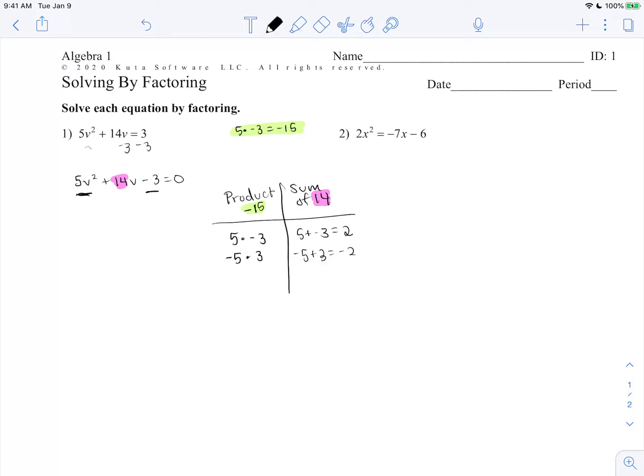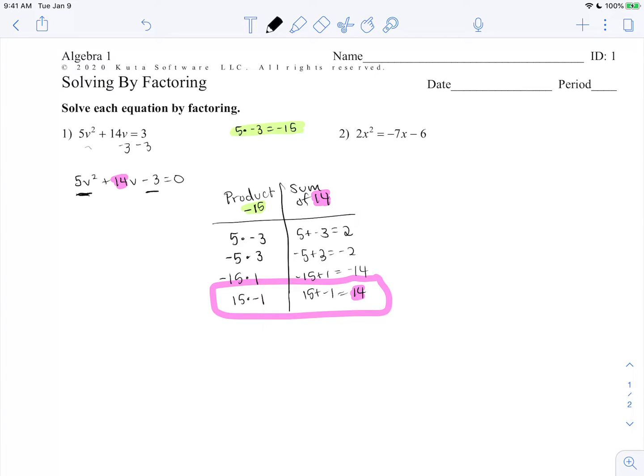Other things that multiply to negative 15 would be negative 15 and 1, and positive 15 and negative 1. So we'll add those together, and I get negative 14 and positive 14. That positive 14 is what I was looking for. So this is our set of numbers that we want.